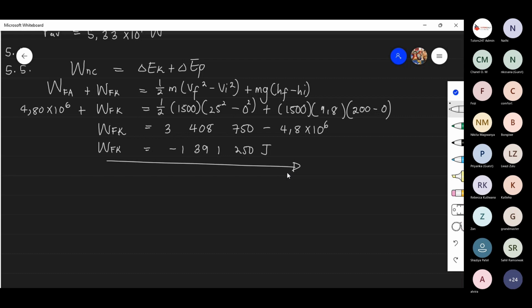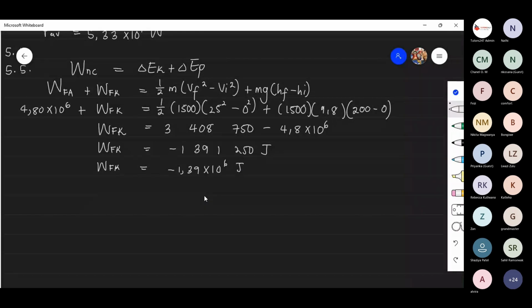You can also represent that in scientific notation if you want to. If you were to represent it in scientific notation, it would be work done by kinetic friction is equal to negative 1,39 times 10 to the power 6 joules.